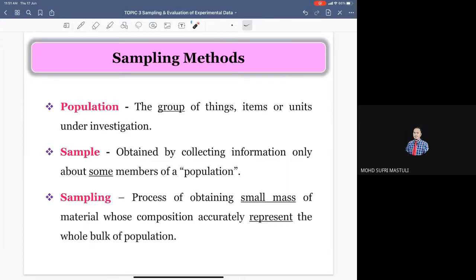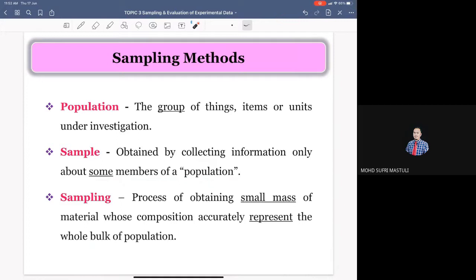All right. So now we focus on the sampling method. Before we go into detail on the sampling methods or sampling techniques, we have to understand several things. First, population. What is population? Population is the group of things, items, or units under investigation, meaning that population is a large area. And then from the population, we collect the sample. What is the sample? Sample means that we collect information only about some of the population.